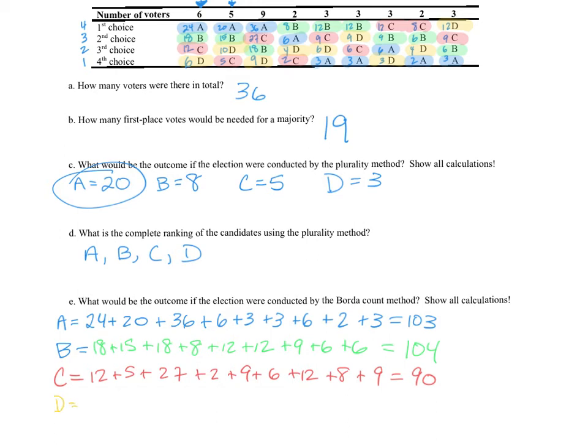So D is 6 plus 10 plus 9 plus 4 plus 6 plus 9 plus 3 plus 4 plus 12. Okay. And that all adds up to 63. So, assuming we did all this correctly, B is the winner of this election using Borda with 104 points.